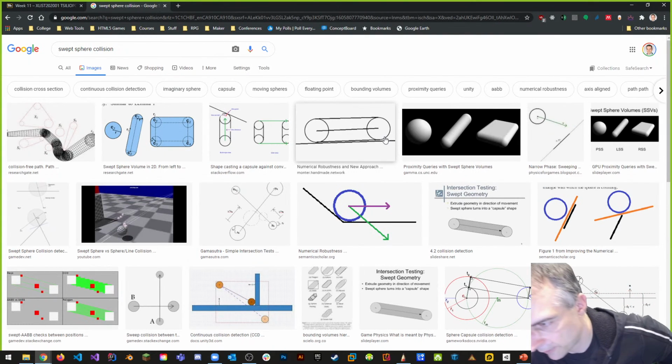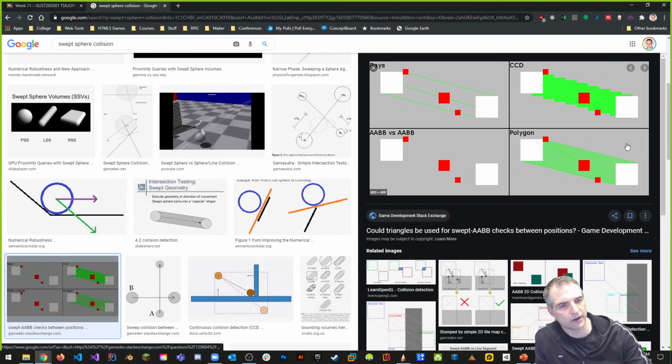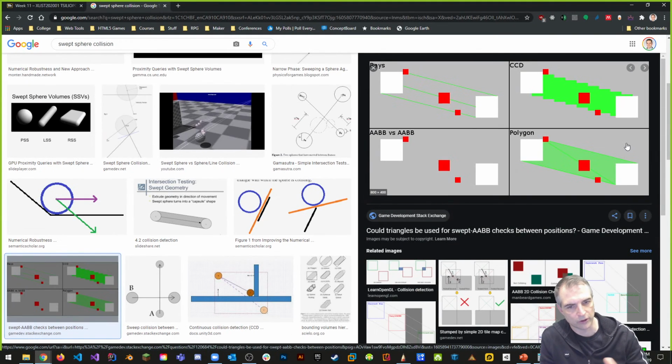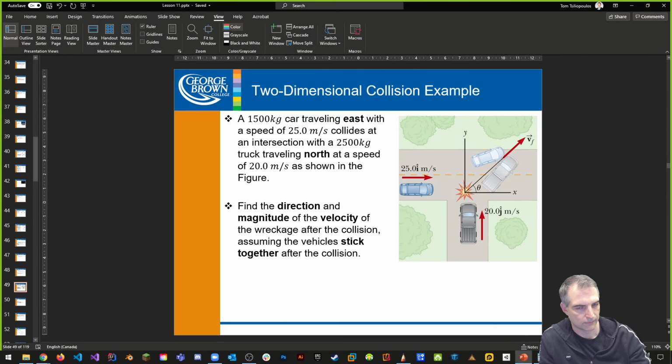There are also some great tutorials out there on how to do that. So we have one object and another, and you're creating this swept circle or swept AABB type collision detection, because it's going to be too quick. If we check every time step, it's going to go through to the other side, and what's going to end up happening is you're going to have a missed collision.